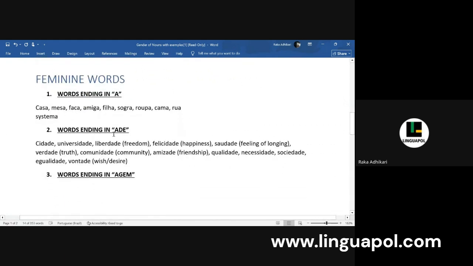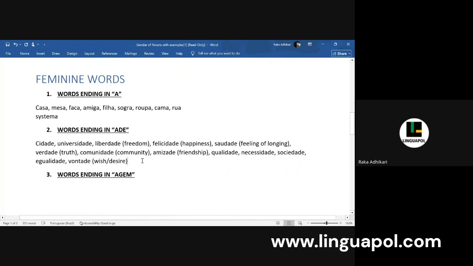Then we have words ending in ade. All these words: cidade means city, universidade, university, liberdade means freedom. In European Portuguese we'll say liberdade, in Brazilian we'll say liberdade; felicidade, saudade, verdade, comunidade.